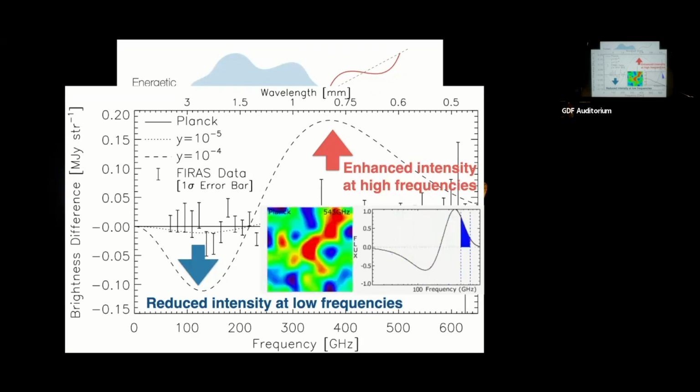And as promised, decrement first, and then increment. So using this, you can make a map of all hot gas in the universe in projection. Okay. You don't have redshift information here, but you can do some technique called tomography that I'm going to present to get redshift information as well.